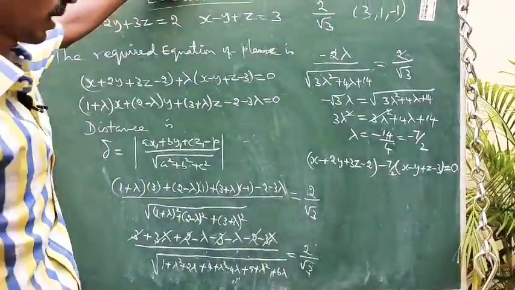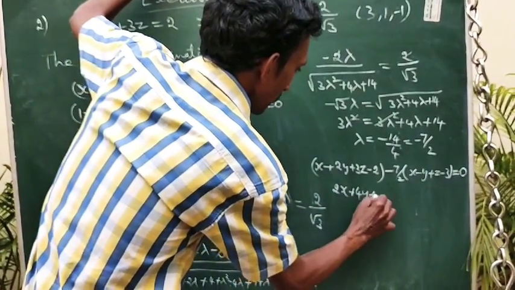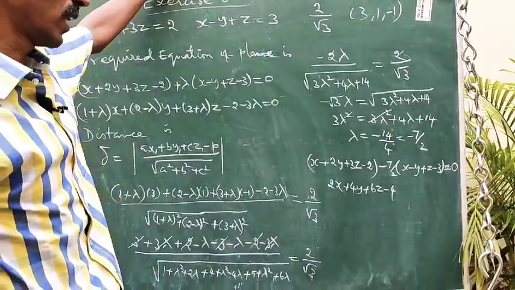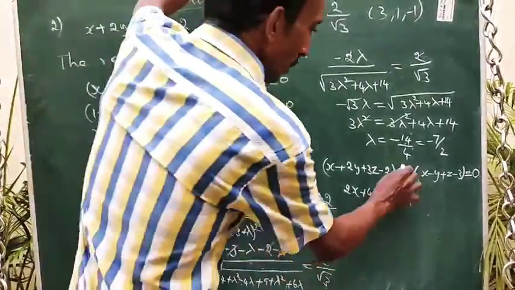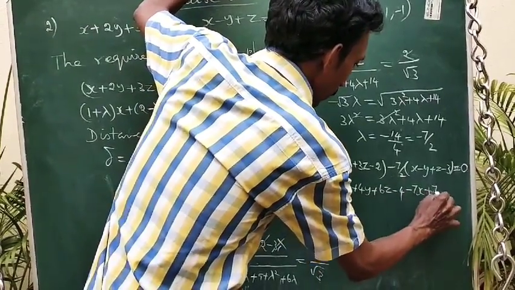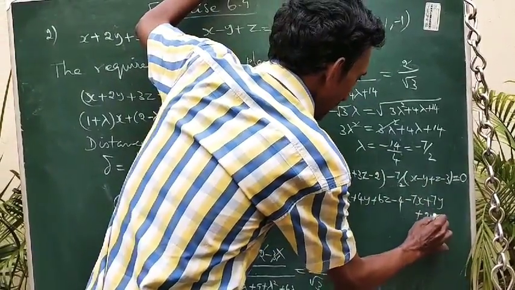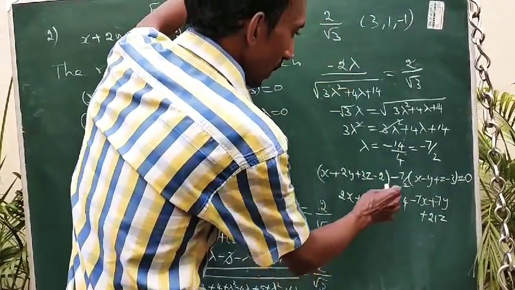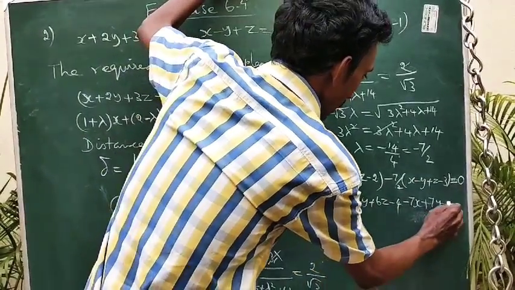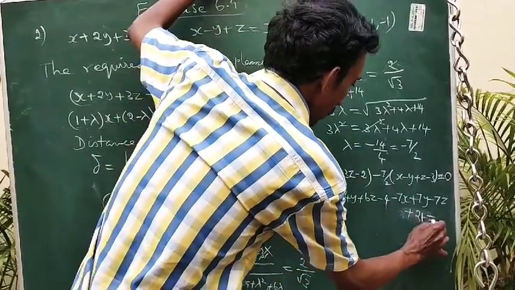Okay, so again multiply: 2x plus 4y plus 6z minus 4, minus 7x plus 7y plus 7z... plus 21 equal to 0.